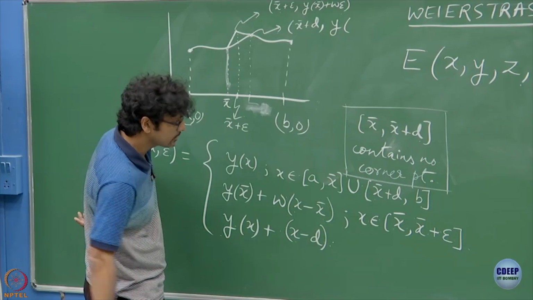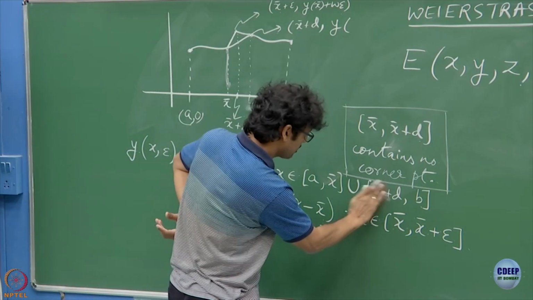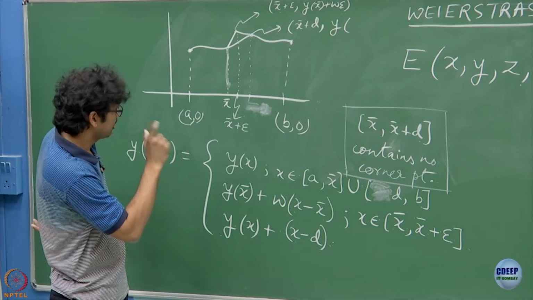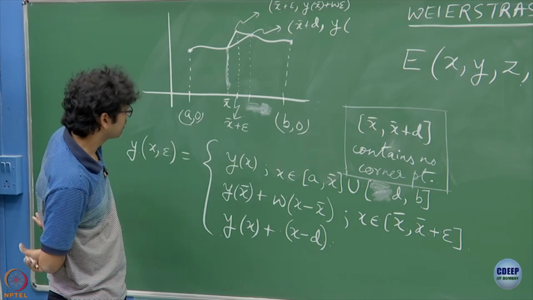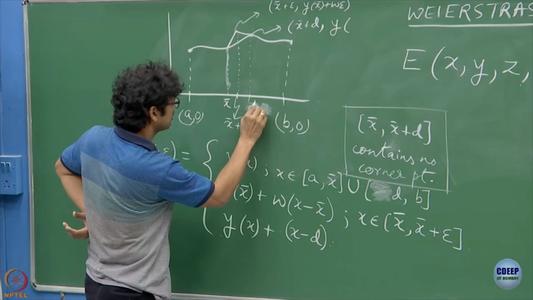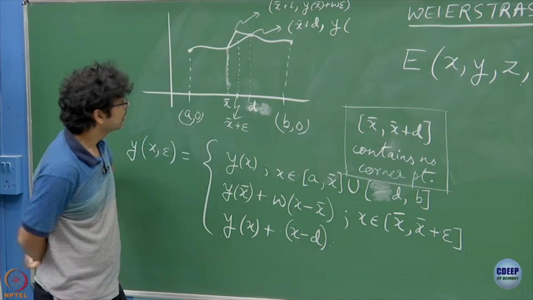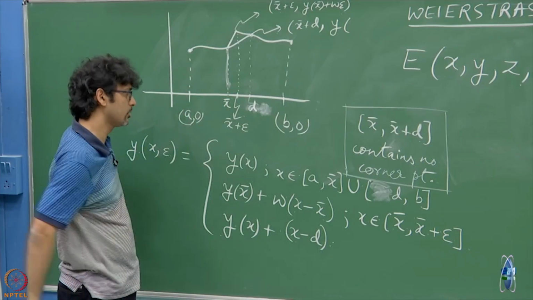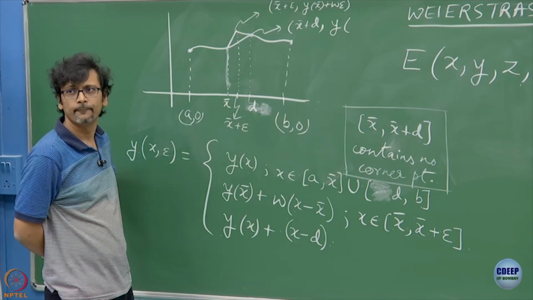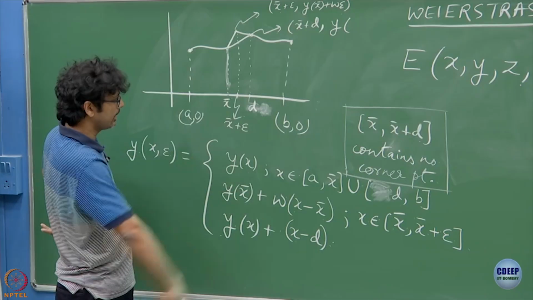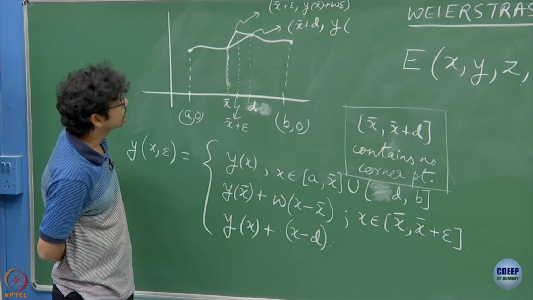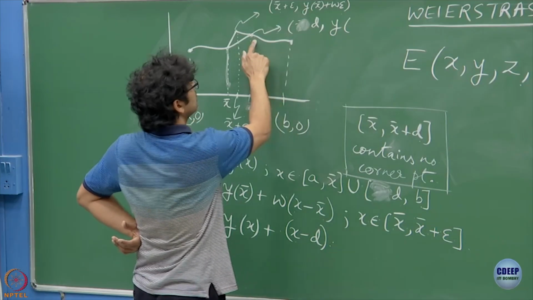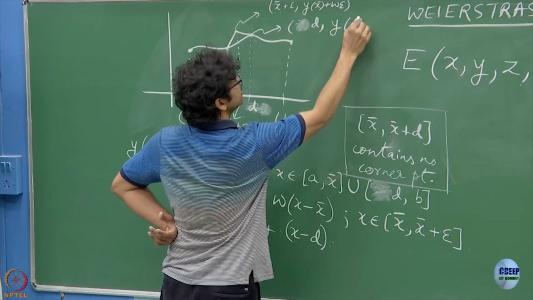Otherwise I'll just have to carry this d, it's better to have d as an absolute number. Otherwise this length is entirely d, and out of which I have to take this as epsilon and this as d minus epsilon, which is a lot of pain. So let's just call this entire interval length as d. That's going to make a lot of things simpler. So this is d comma y of d.